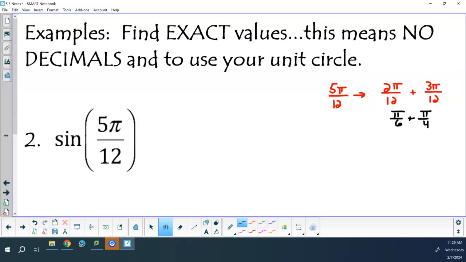Give me another one that gets me 5 pi over 12. 2 pi over 3 would be 8, and then minus 3? Yep.